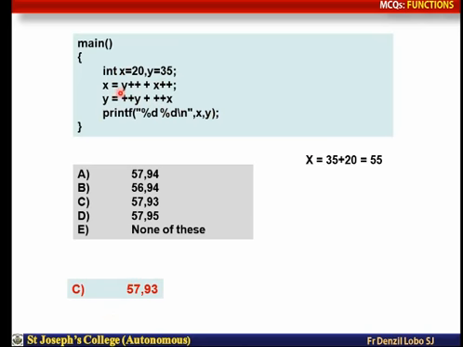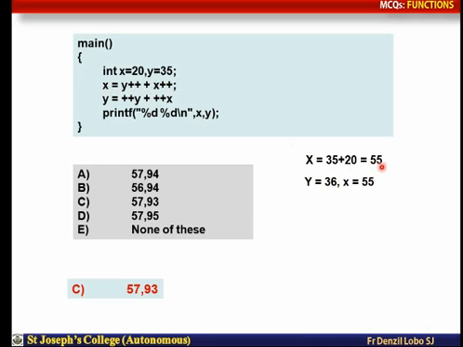First here, x is equal to y plus x, that is 35 plus 20, 55. Then y is incremented, x is incremented. y becomes 36 and x remains 55, because we are adding 35 to that, so it has already been added.